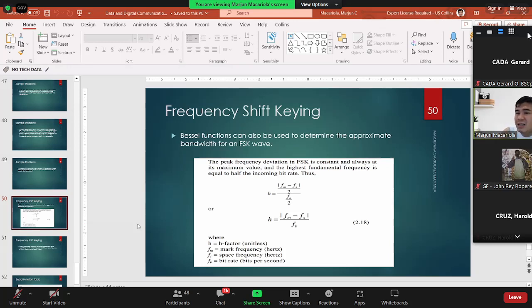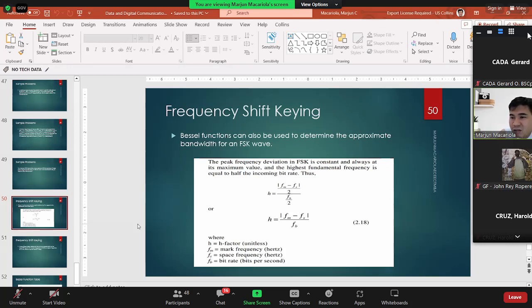So modulation index siya sa frequency modulation. Okay? So dahil tayo ay digital, ang tawag sa kanya ay H factor.